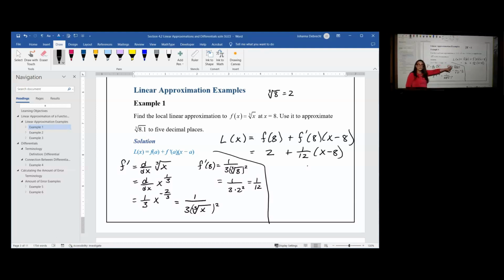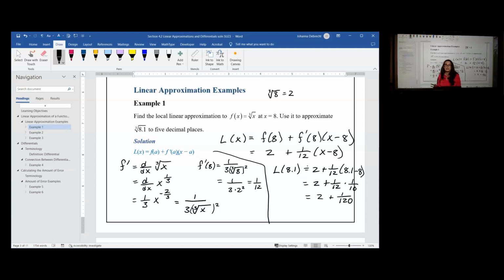Now I want to use this to approximate the cube root of 8.1. So I'm going to let x be 8.1. This is going to give me 2 plus 1/12 times the difference between the two x coordinates, which is 0.1. 0.1 can be written as 1/10, which gives me 2 plus 1 over 120.